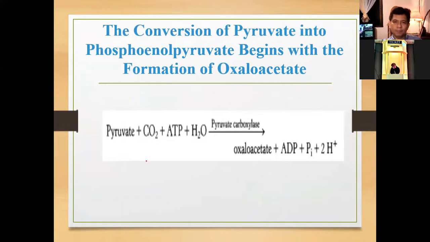So the conversion of pyruvate into phosphoenol pyruvate begins with the formation of oxaloacetate. Ito muna, nadaan sa oxaloacetate using pyruvate carboxylase. Pyruvate plus CO2, kasi 4 na carbon tong oxaloacetate. So, an ATP and water, you're going to produce oxaloacetate.